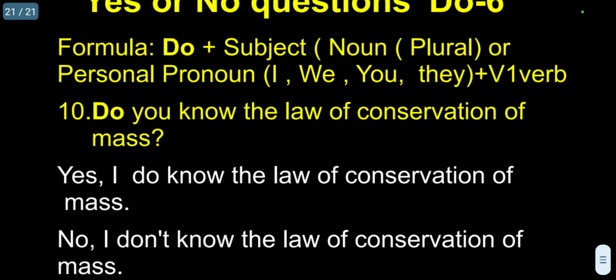I will meet you again in the next class. The next auxiliary verb is does, the singular verb. Do must always be used for plural nouns or plural pronouns. Exception: I do. Does should not be used with I. Please keep this in mind.